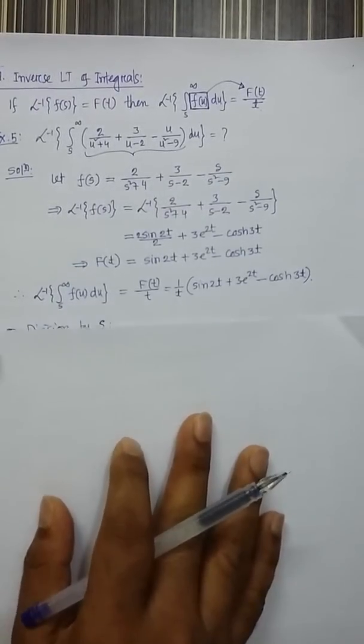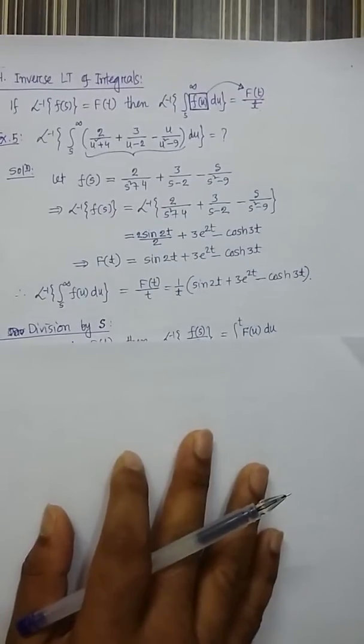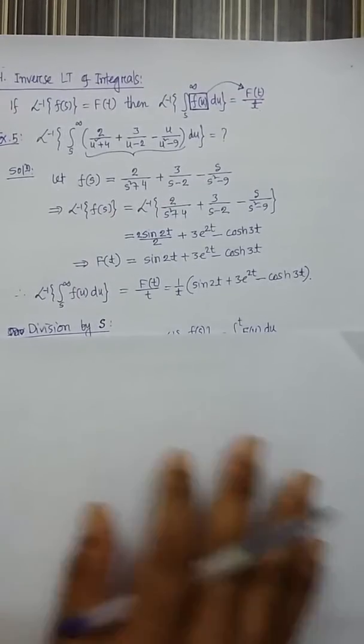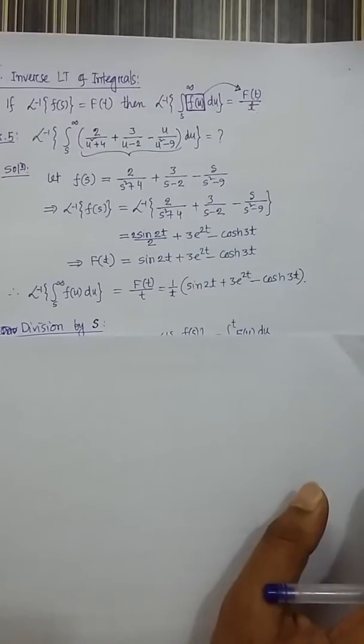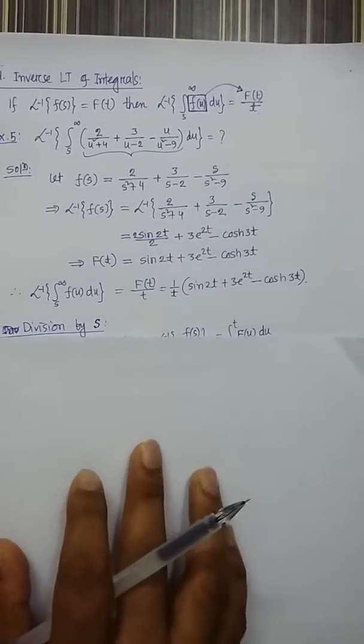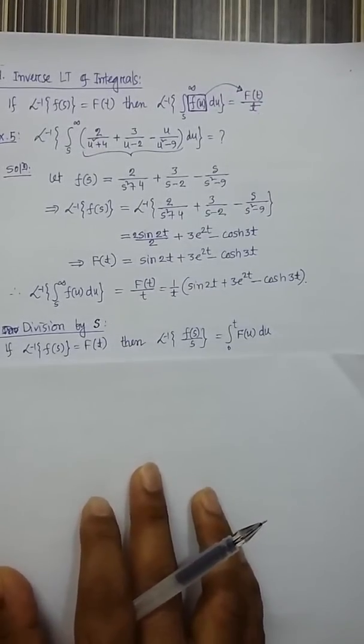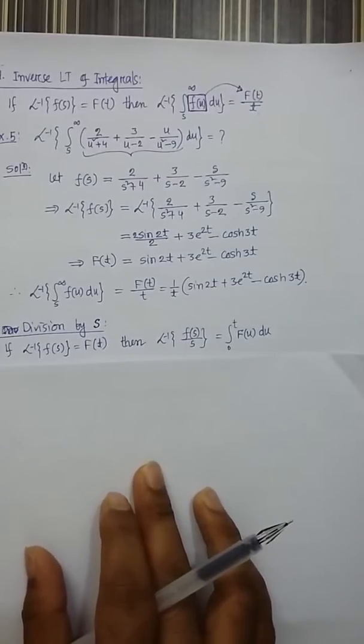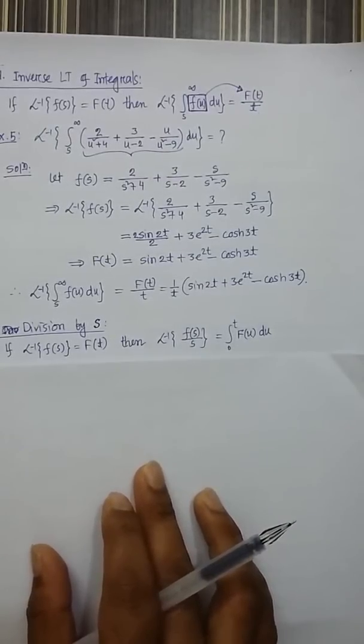Now we will see property 5, division by s. This is one kind of important property. If L inverse of f of s equals f of t, then L inverse of f of s by s will be the integral from 0 to t of f of u du.